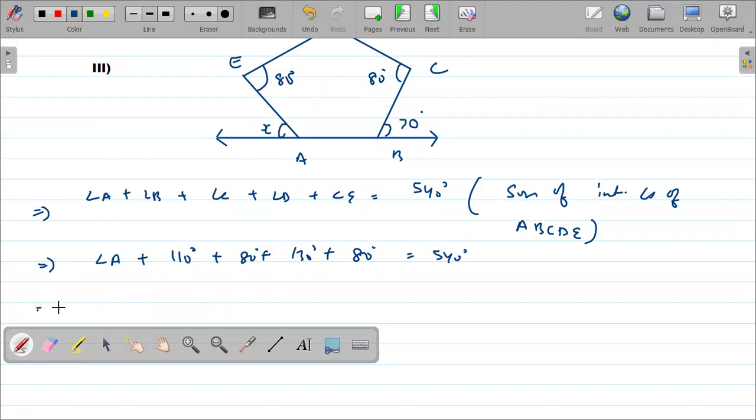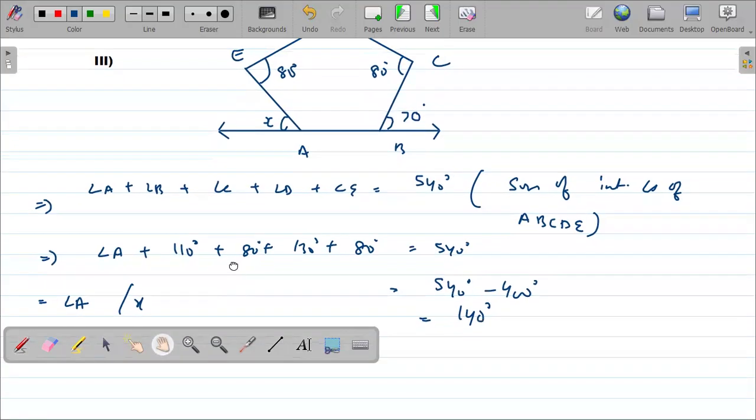So here we'll be writing angle A, or X we can say, equal to 540 minus 400, that is 140 degree.